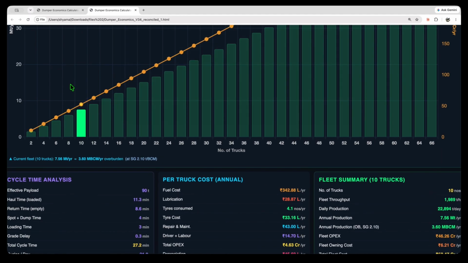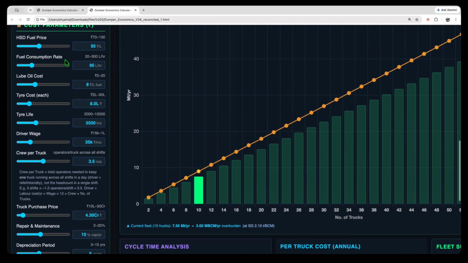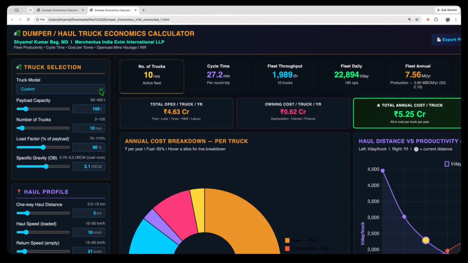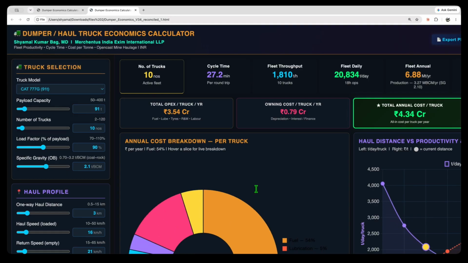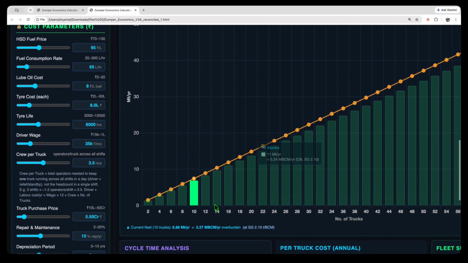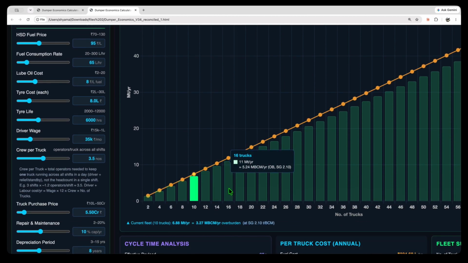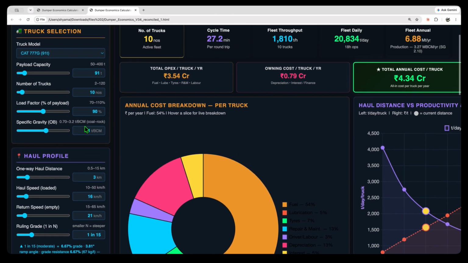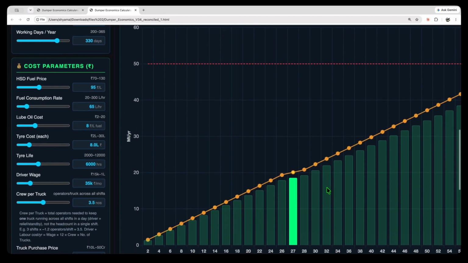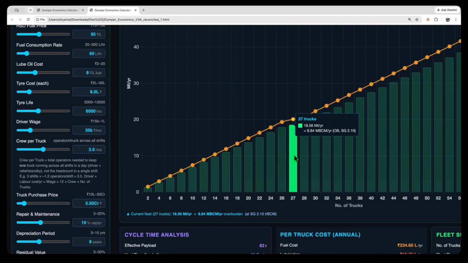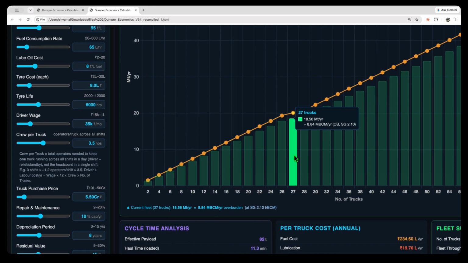So like this, suppose I choose here, then again the entire relationship will change. Suppose here I put 27 dumpers, it will show the result. It can give 18.56 million ton per year, that is 8.84 bank cubic meter for OB with specific gravity 2.10.